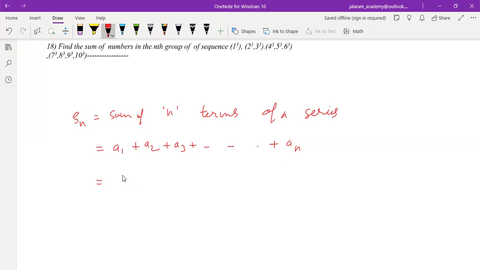So we can represent it in summation form. Remember, this is the notation which is used to represent the sum of some terms which are defined by a natural number n. So these are the first n terms of a series whose sum is given by sigma. Now we write i equals 1 to n, ai.